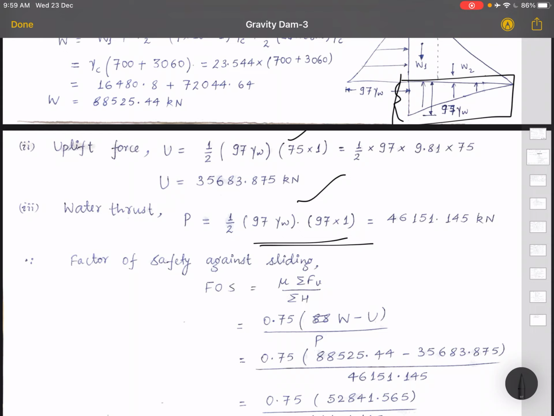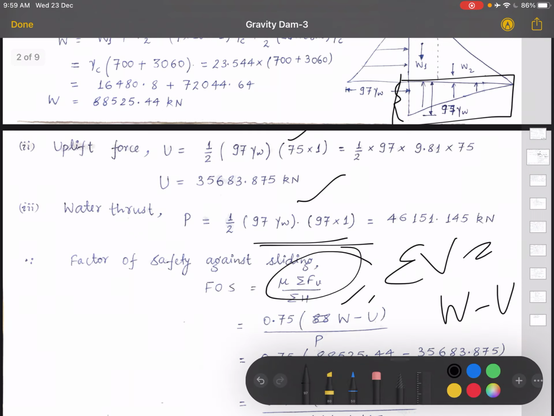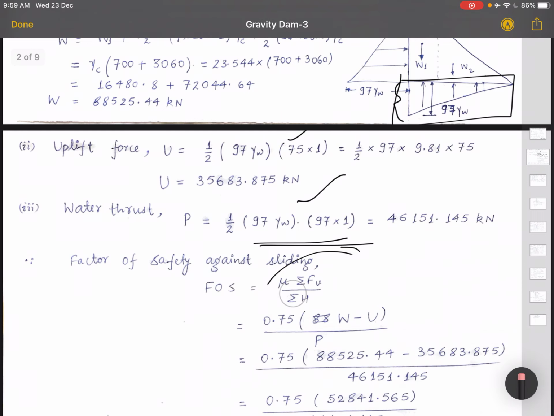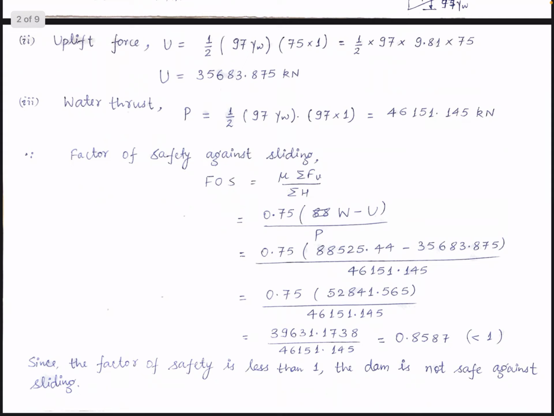Now summation V will be W minus U. Put all the values here, and finally you will get the factor of safety. It is coming out to be 0.8587.